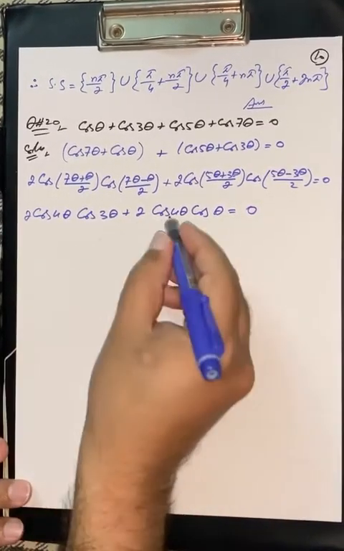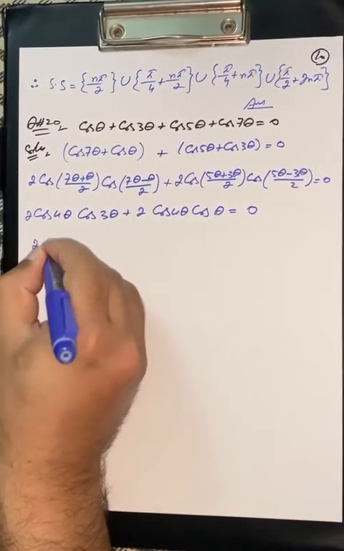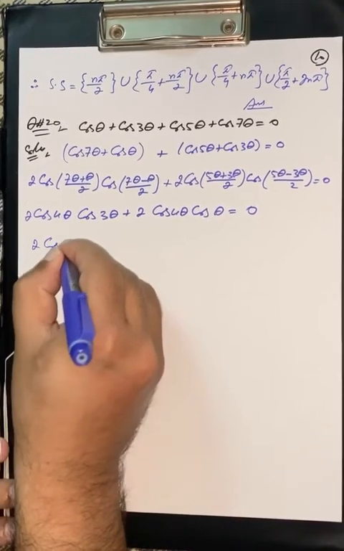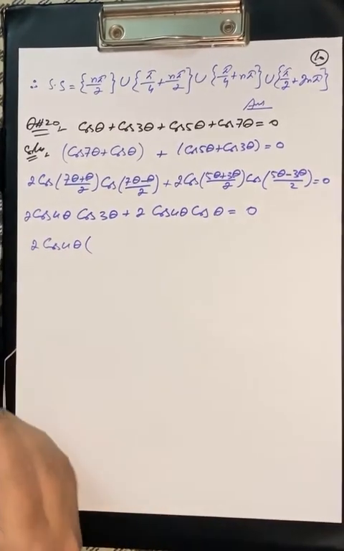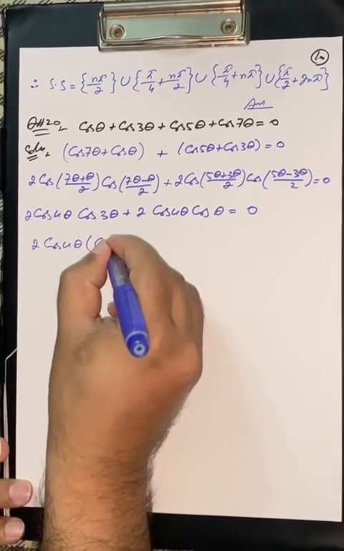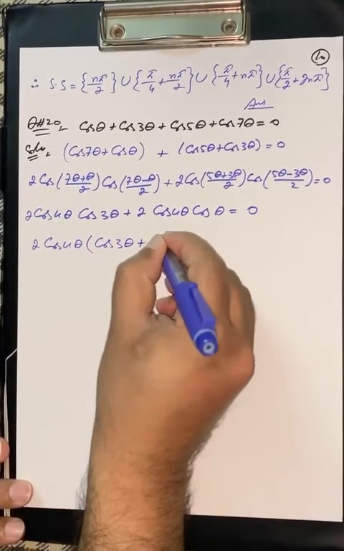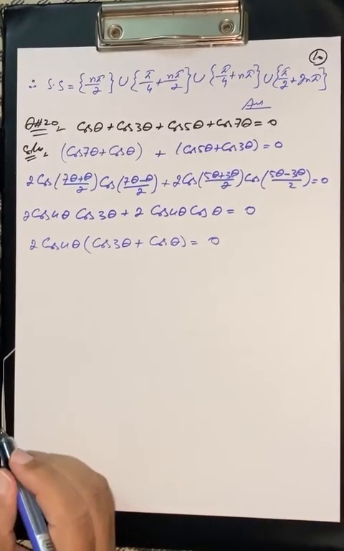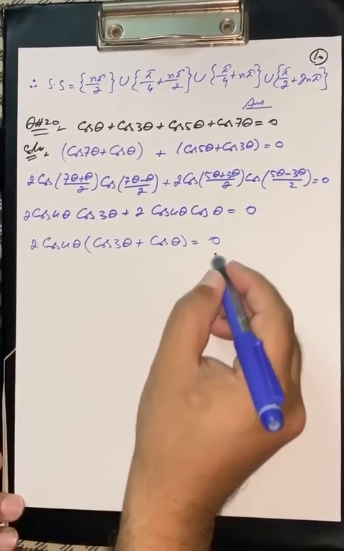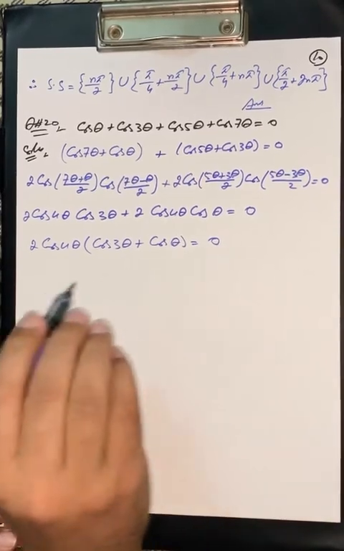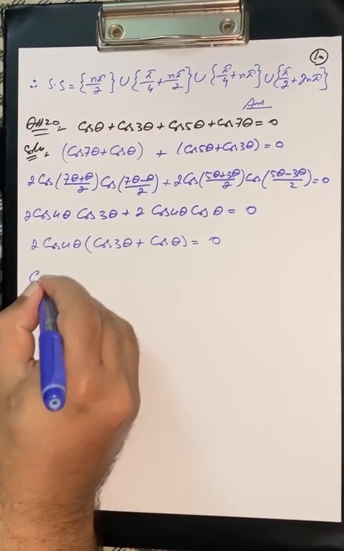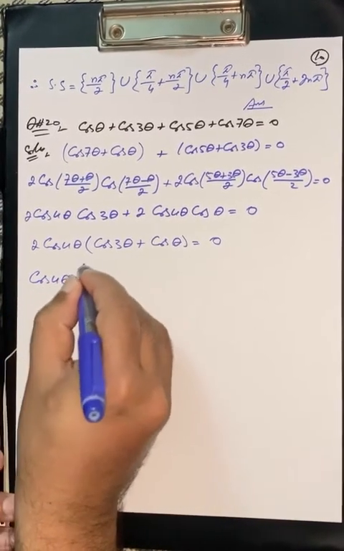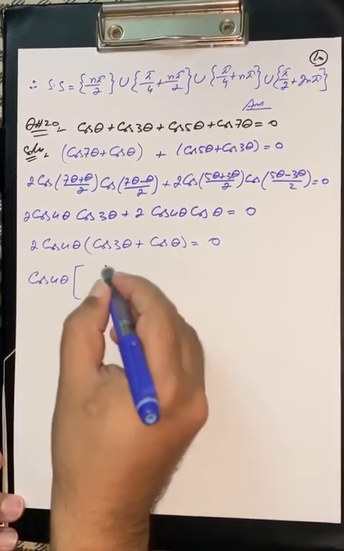Now what is common in these two terms? 2 cos 4 theta we will take common. So what is left? Cos 3 theta plus cos theta equals 0. So 2 when you bring to the right side, divided by 0, equals 0. What is left here? Cos 4 theta, and here cos alpha plus cos beta.